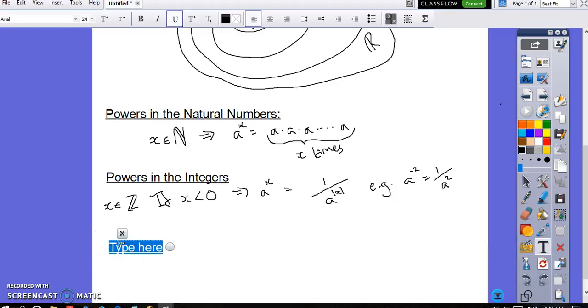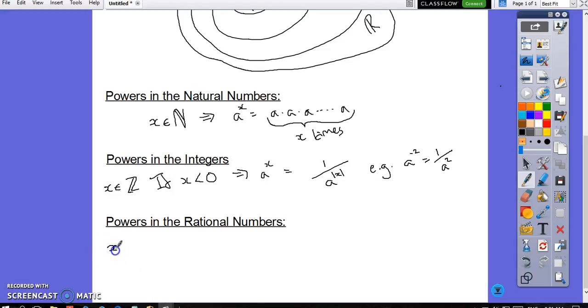We've also seen powers in the rational numbers. So if we have x written as a fraction, a over b, so x is an element of the rational numbers, then if we have, let's say, let's call our base z this time to the a over b.